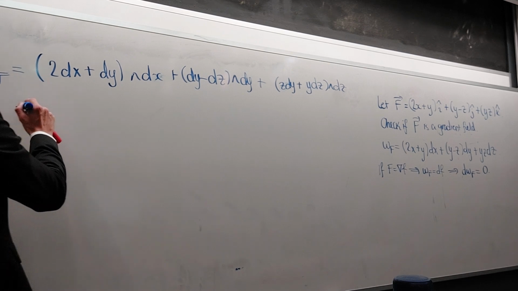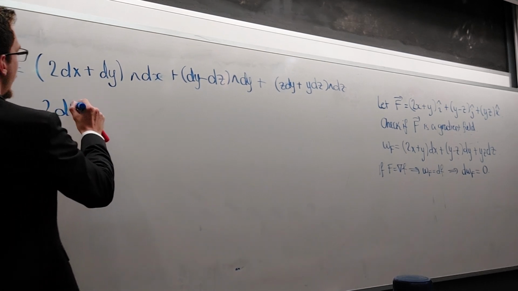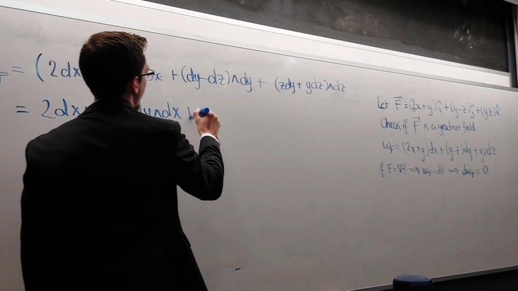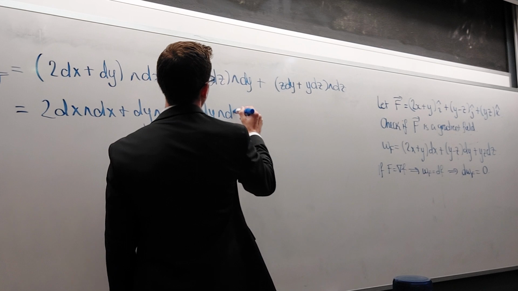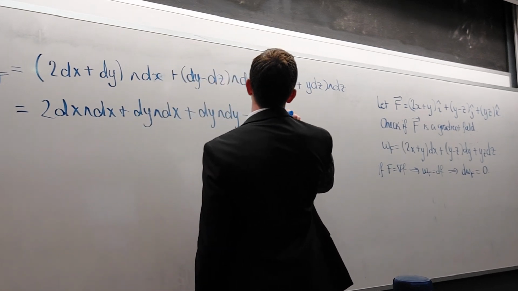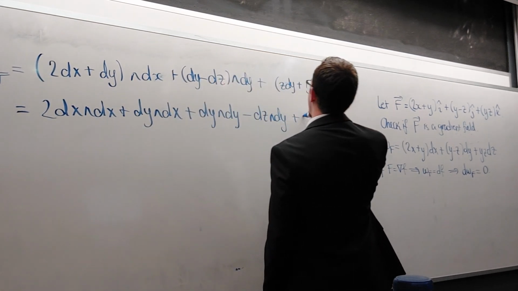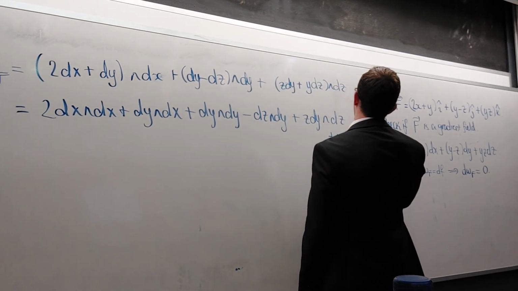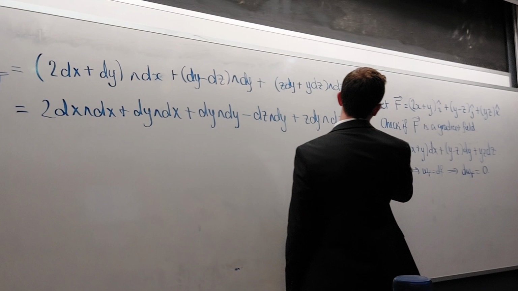Okay, let's expand it out. 2dx wedge dx plus dy wedge dx plus dy wedge dy minus dz wedge dy plus z dy wedge dz plus y dz wedge dz.